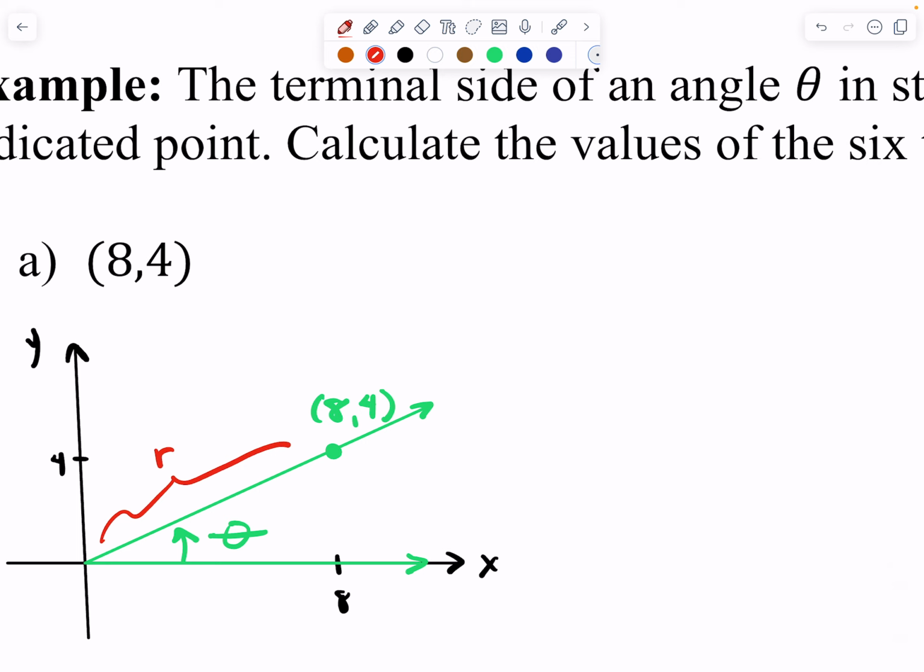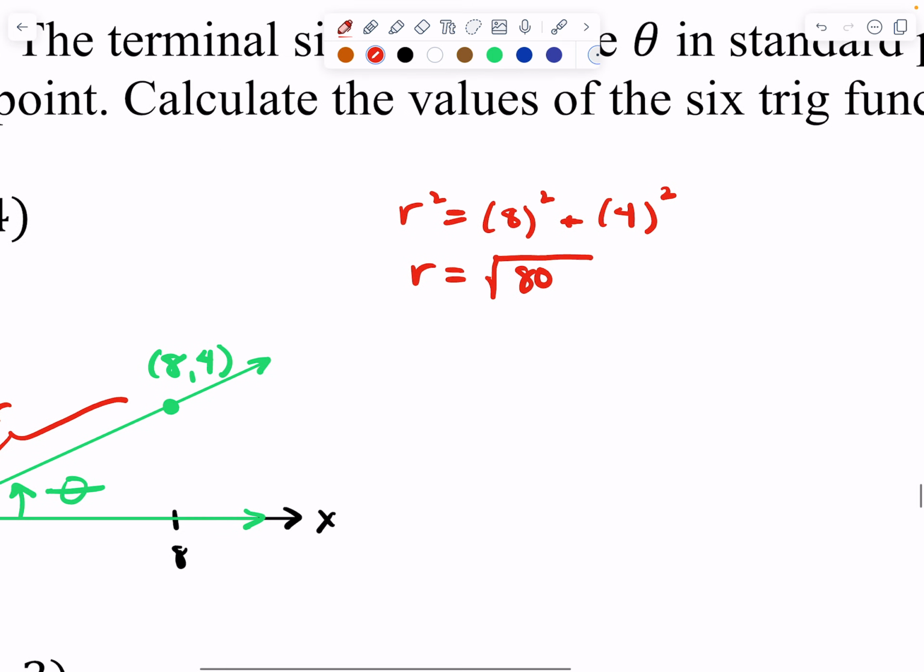So in this case, we can think about solving for r, because r squared would be equal to 8 squared plus 4 squared. r represents the distance of the point to the origin. So r is positive. So we'll have the positive square root of 64 plus 16, which would be root 80. And we can simplify that. What would that be?